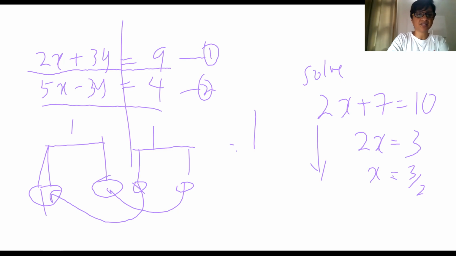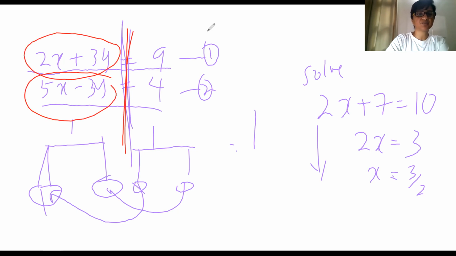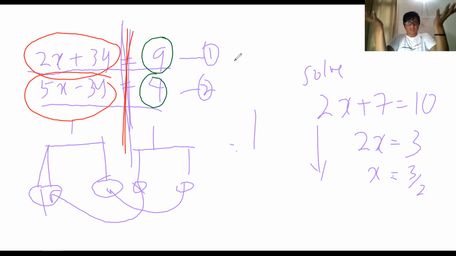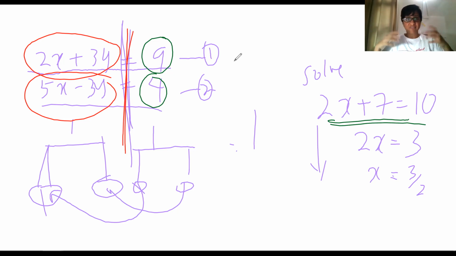If I draw a line here to separate the two sides of the equation, I'm adding this to this, left side to left side and right side to right side, and I get a new equation, a new balance. And in that new equation, I don't have y. I get a simple equation like this with just x. So I'm finding the value of x that is keeping both these two conditions true. So I'm getting to the result that I want to find.